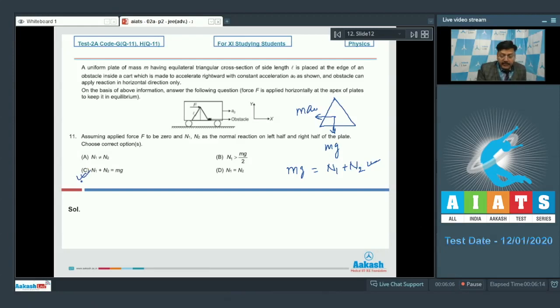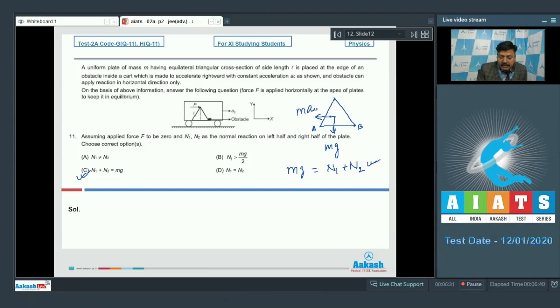But one thing is for sure, for vertical equilibrium mg is equal to N1 plus N2, which means option C is very obviously correct. Now suppose we consider torque about these 2 points. Let's call this point A and this point as B. So if we consider torque about B, then both mg and ma0 are producing torque in the clockwise sense.